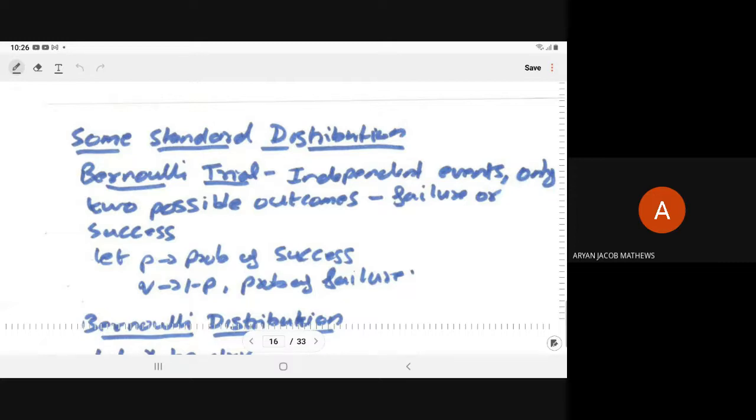So if in any random experiment we have only two possible outcomes, that trial is known as a Bernoulli trial. And the probability of success in that trial will be P. So here we denote P as the probability of success. The complementary probability 1 minus P, denoted by Q, will be the probability of failure.